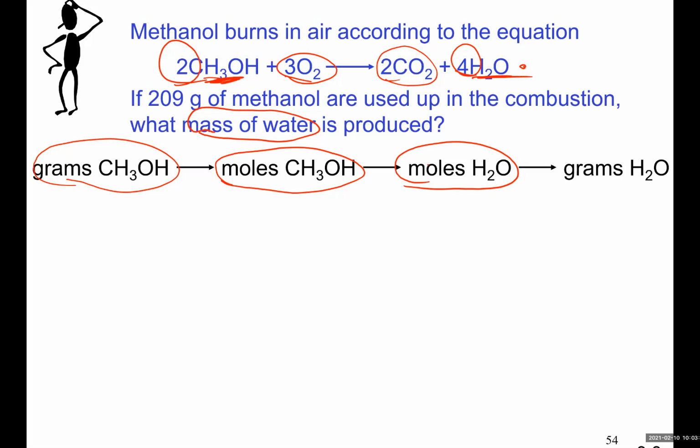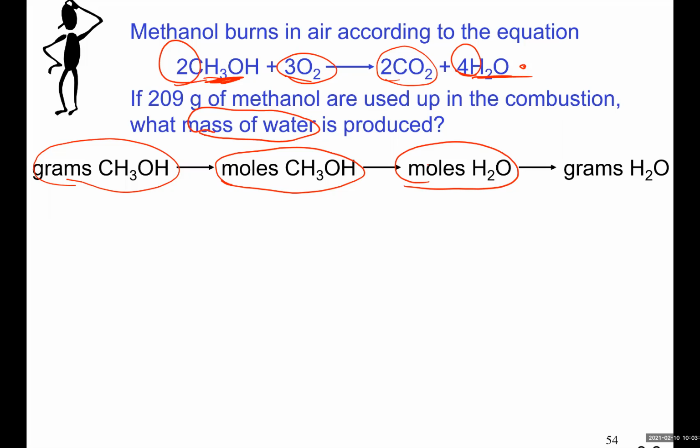In solving any chemistry problem, write a plan for yourself. The same way, if you want to go on a vacation, you write a plan. You have to buy an air ticket. You have to make a reservation for the hotel. You have to know what you're going to take with you.